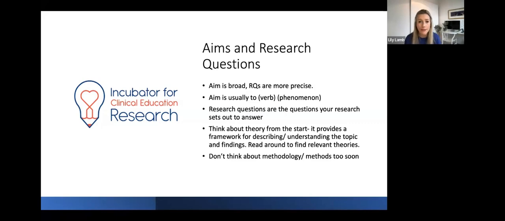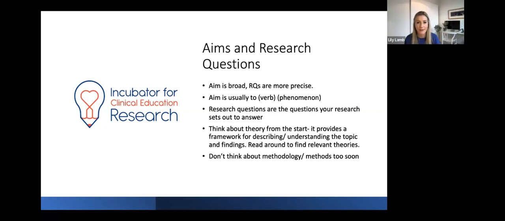And then don't think about the methodology and methods too soon, because the relevant methodology and methods will depend on your research paradigm that you're approaching from and what kind of questions you're wanting to answer. So for example, if you are wanting to say, does a teaching intervention work?